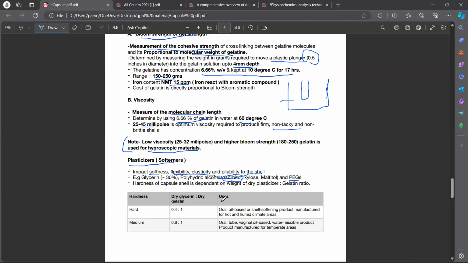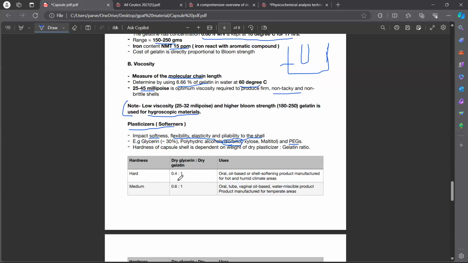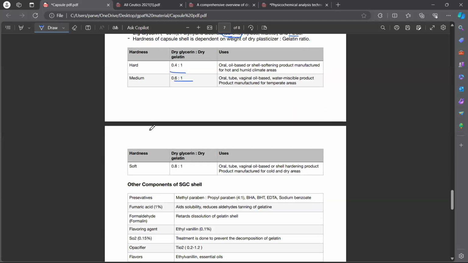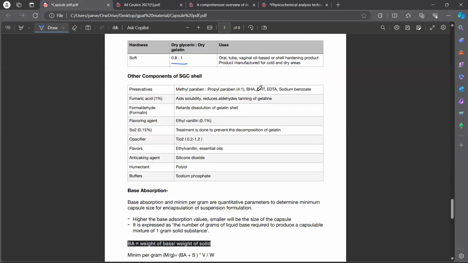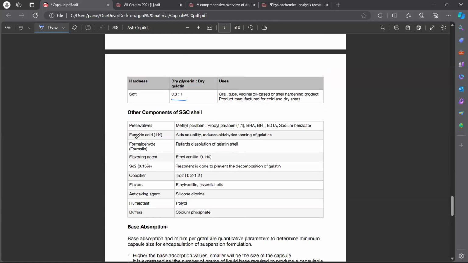Polyethylene glycols are also used. The ratio of plasticizer to gelatin is also very important, guys. For soft capsules it's 0.8 to 1, for medium hardness it's 0.6 to 1, and for hard it's 0.4 to 1.